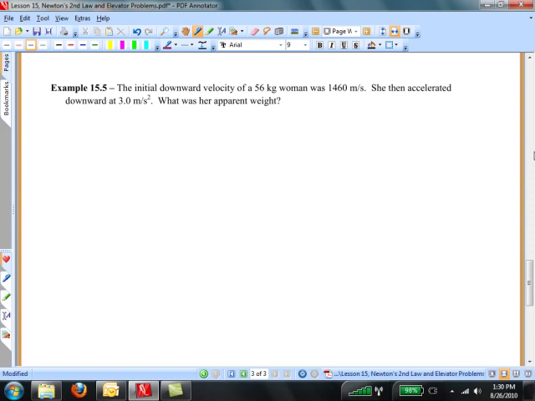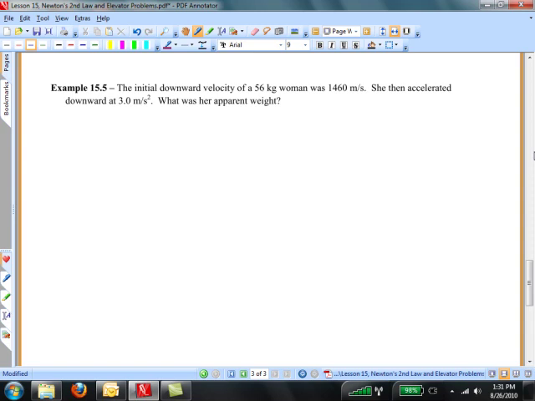She then accelerated downward at 3 meters per second squared. What is her apparent weight? Now, your authors have chosen an initial velocity that is unrealistic. 1460 meters per second. That's 1.46 kilometers per second. That's nearly 1 mile per second that this person is traveling downward.